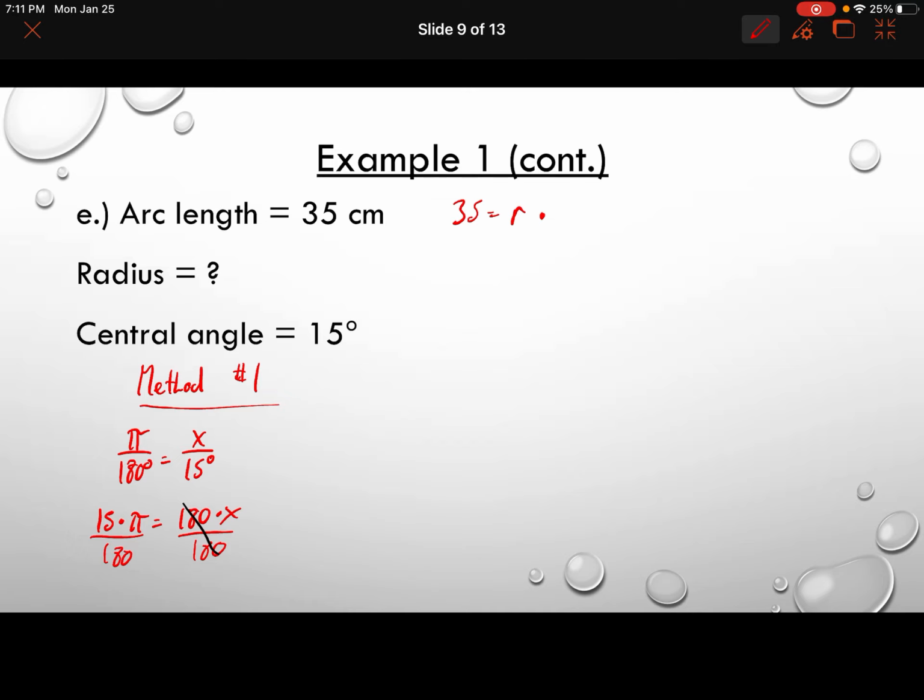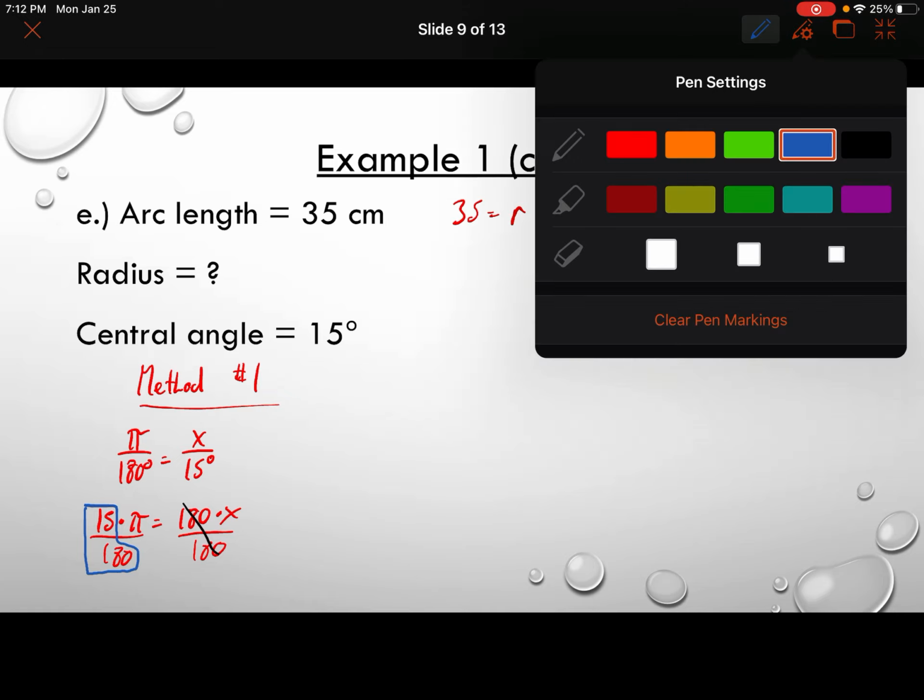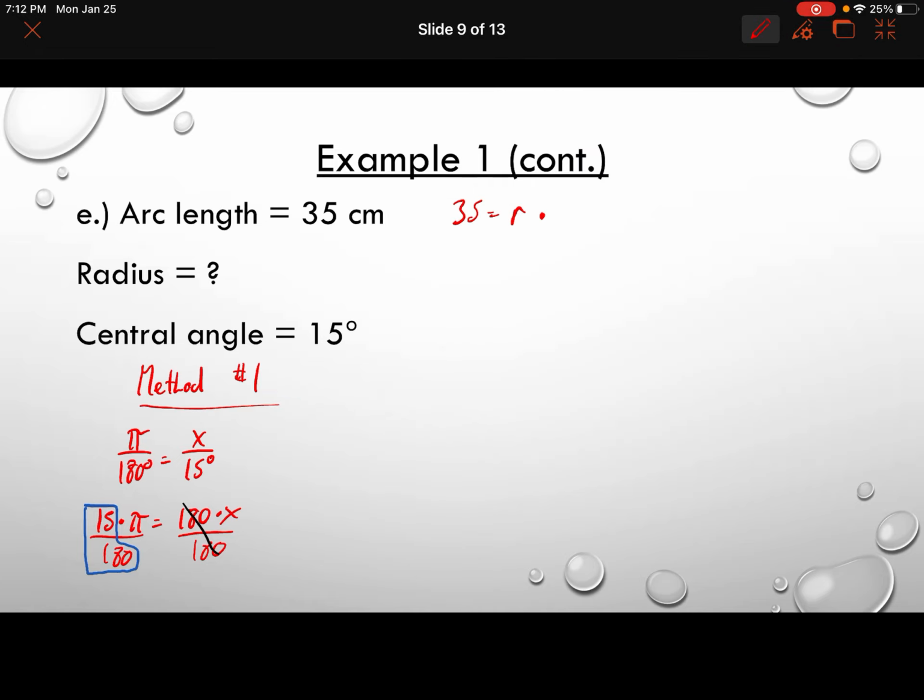You can simplify this fraction, 15 over 180. It simplifies to 1 over 12, because 15 goes into 15 one time and 15 goes into 180 12 times.